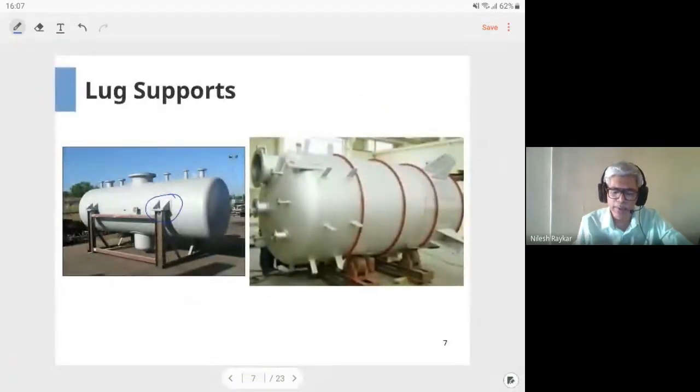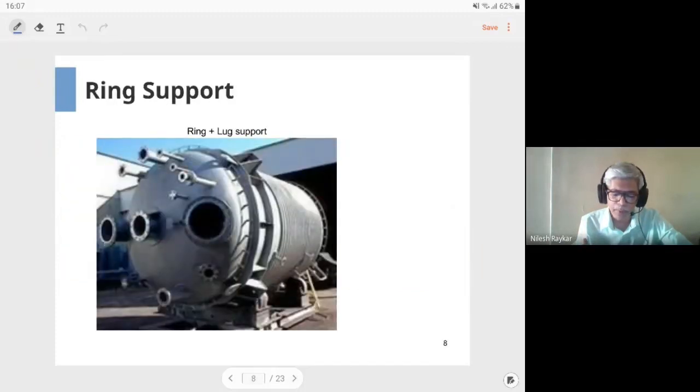So these leg supports and lug supports are for both horizontal and vertical equipment. There is no restriction on their usage as to the equipment type. When you have higher capacity equipment, the leg and lug supports become extremely big.